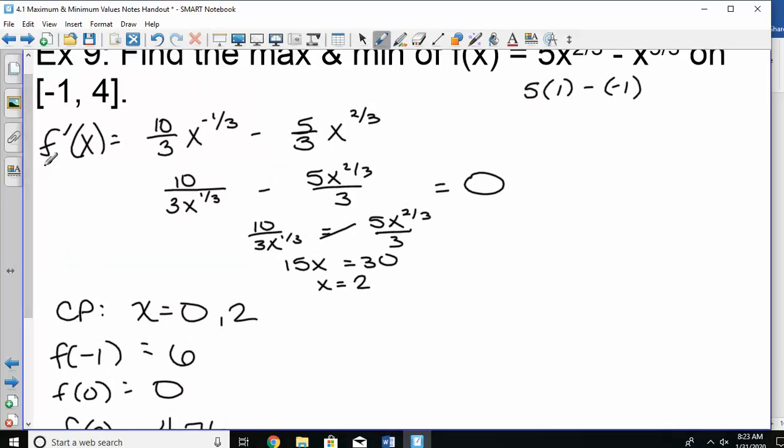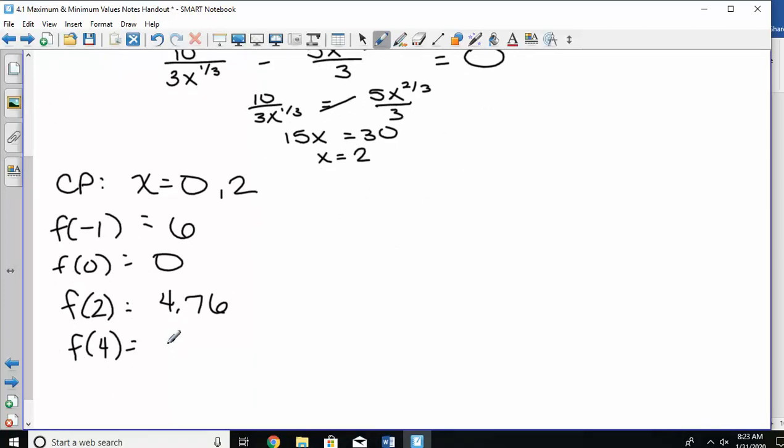If you put in a 4, we get 2.5198, so 2.52. So then, what's our absolute max? And our absolute min? Is that 0?